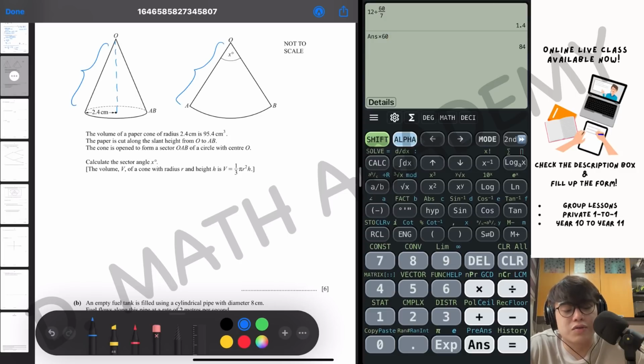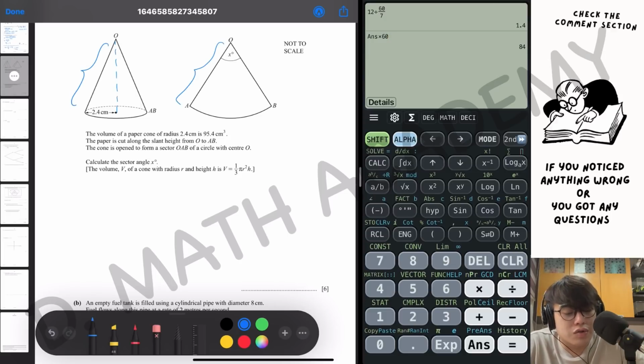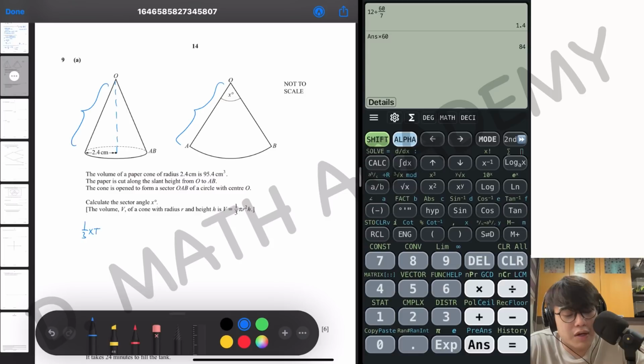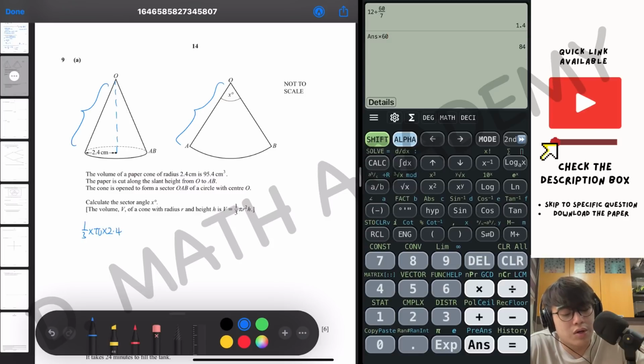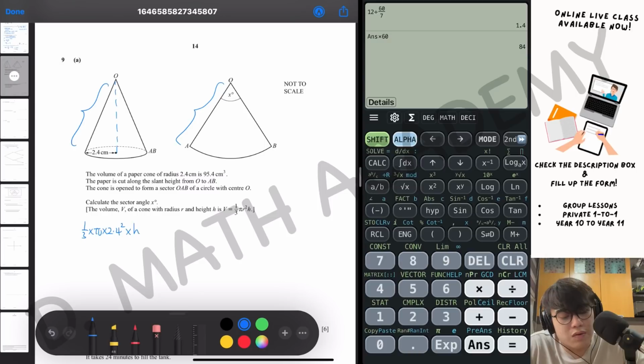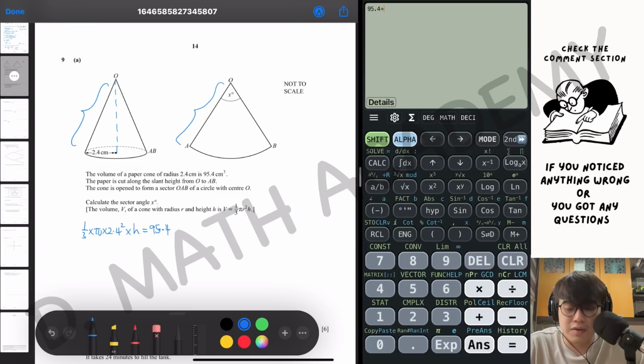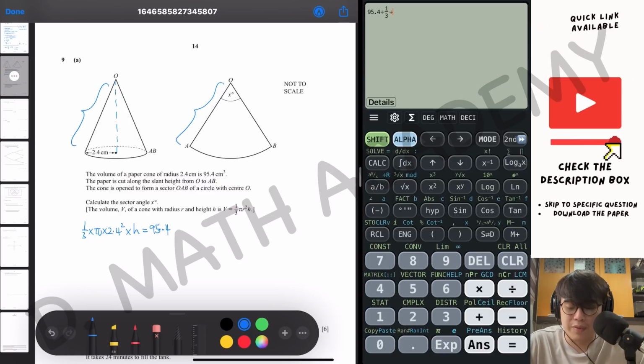So from the information that they gave, you key in 1 over 3 times pi times 2.4 squared, times the height equals 95.4 first. So take your 95.4, divide it by 1 over 3, divide it by pi, divide it by 2.4 squared.